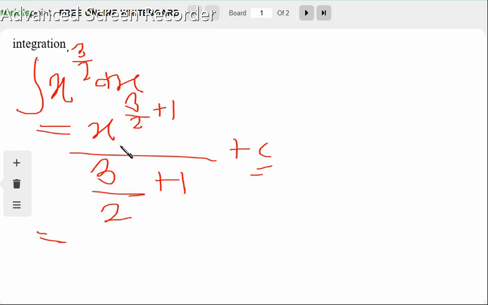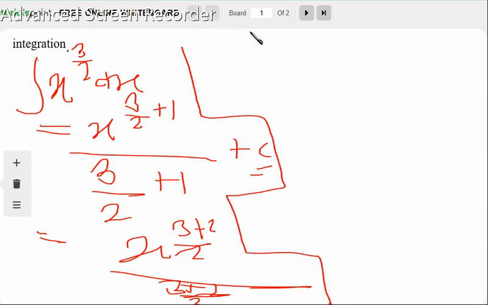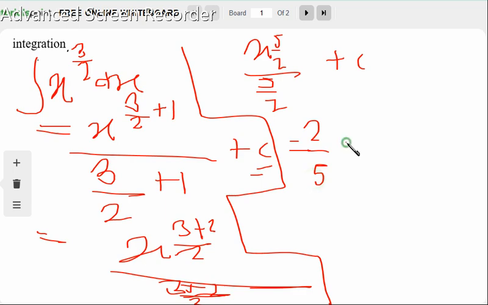Now if we add 3/2 plus 1, we'll get x to the power 5/2 divided by 5/2 plus c, and thus the answer we'll get is 2/5 x to the power 5/2 plus c.